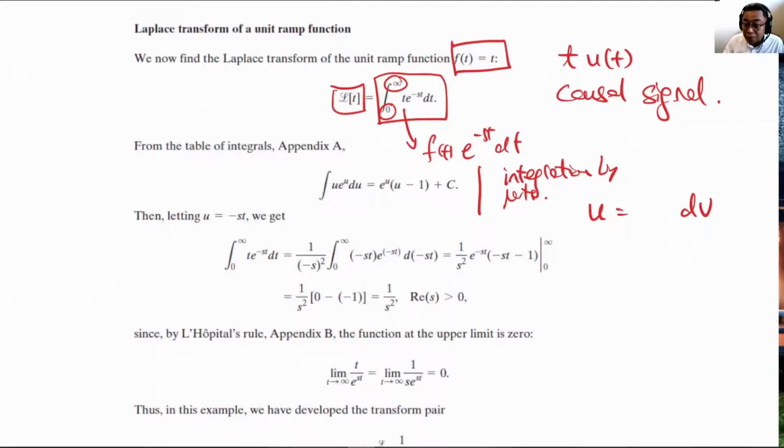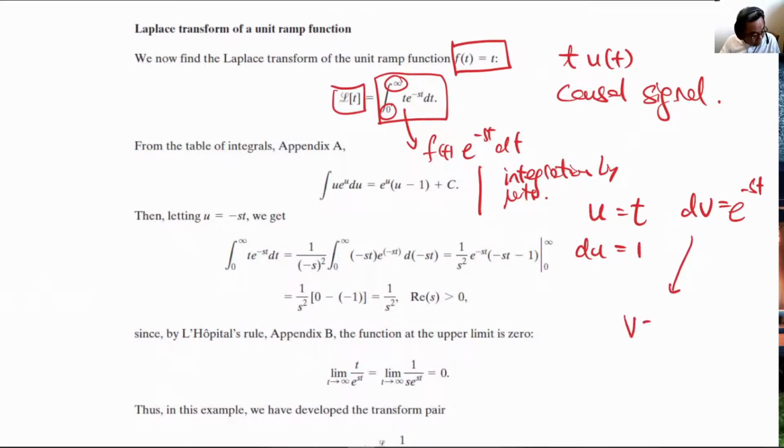I'm going to tell you that the correct choice of u is t, du is 1, dv is e minus st, and then of course v will become the integration of e minus st dt, which is e minus st over minus s. Now if you carry out the integration by parts and solve, you'll get the answer.